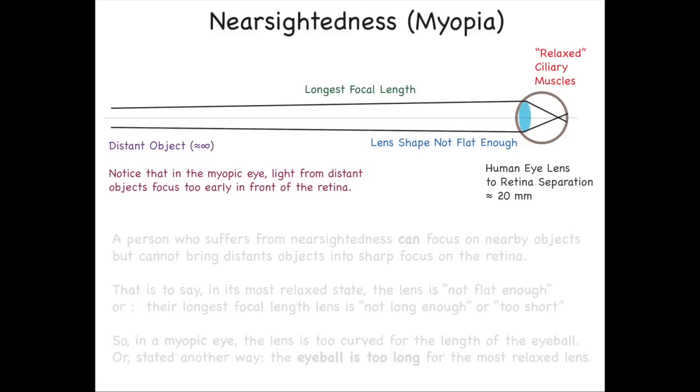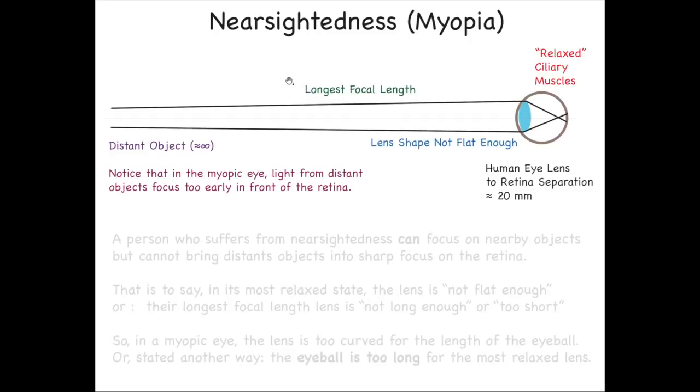So now let's consider different cases where the eye does not see properly, specifically, nearsightedness and farsightedness. Let's start with nearsightedness, or what's called myopia. Notice that in a myopic eye, as we've drawn it here, the problem is that the light from a distant object focuses too early, in front of the retina.